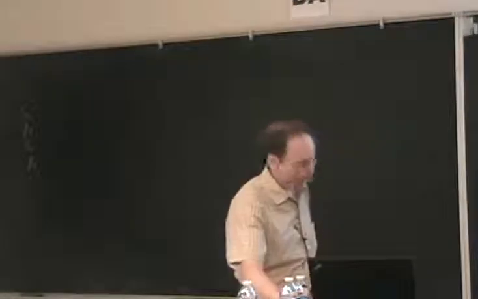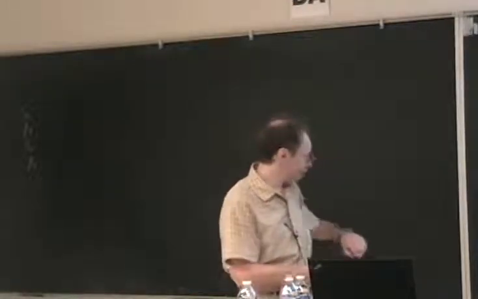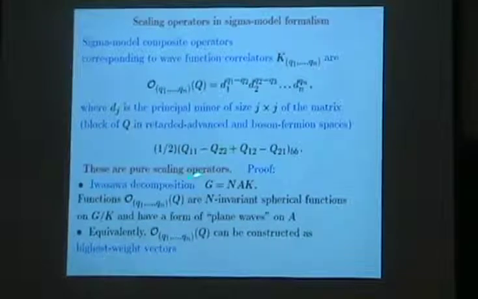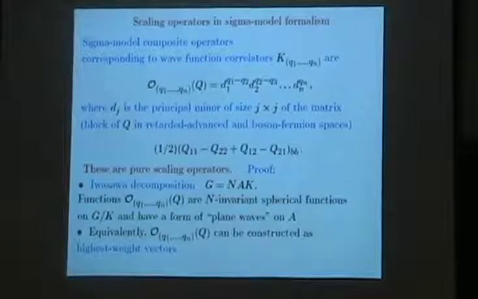Okay, good. The way to show that the scaling operator studies the properties is based on two ways. One is based on the Iwasawa decomposition, and the other is constructing this function as a highest weight vector.